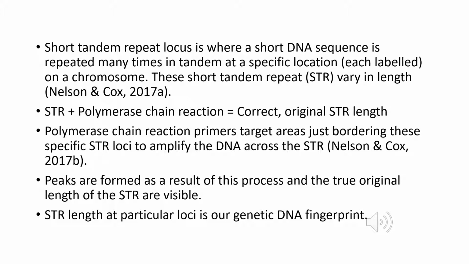The products from the polymerase chain reaction are then subjected to electrophoresis on a very thin polyacrylamide gel in a capillary tube. The peaks that are then produced as a result of this process allow the true length of that person's short tandem repeat to be visible. Hence, their DNA fingerprint is identifiable.